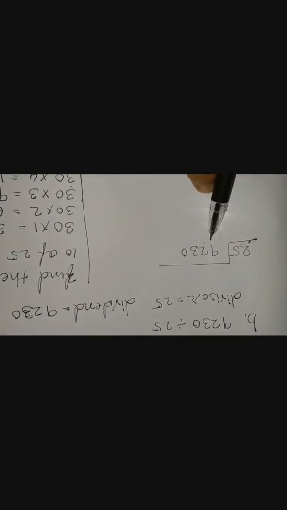Our starting number is 92. 120 is bigger than 92, so we'll take 13 threes, which are 90. So now 25 times 3. 3 fives are 15, 1 is a carryover. 3 twos are 6, 6 plus 1 is 7. Now 25 fours: 5 fours are 20, 2 is a carryover, 4 twos are 8, 8 plus 2 is 10.